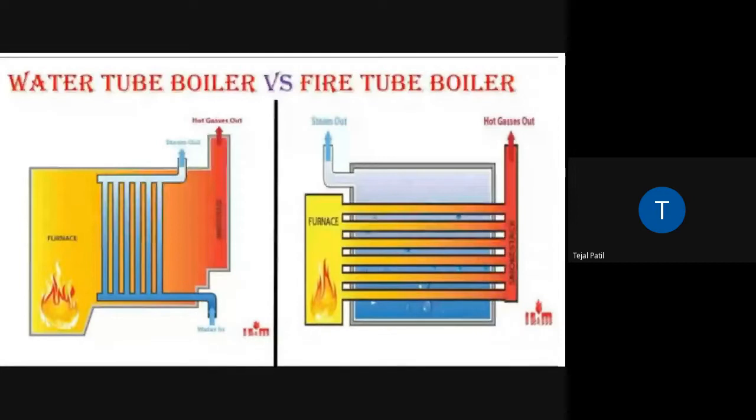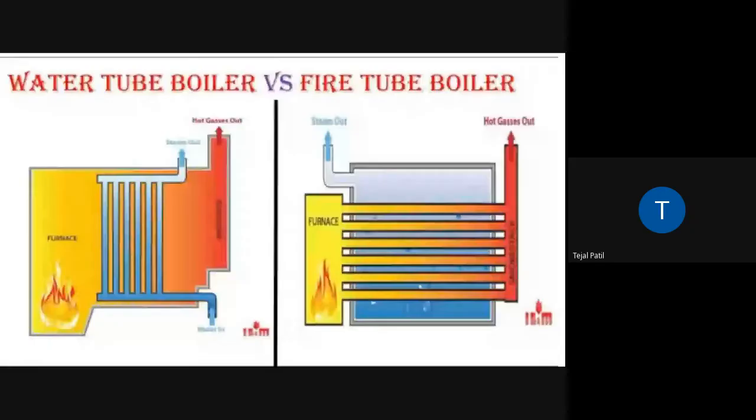You can see here on the left, water is inside and surrounding it are the flue gases. So that's why it is known as a water tube boiler, because water is inside the tube. And the fire tube boiler is on the right side, where you can see fire is inside the tube and surrounding it is the water. So that's why it is called a fire tube boiler.